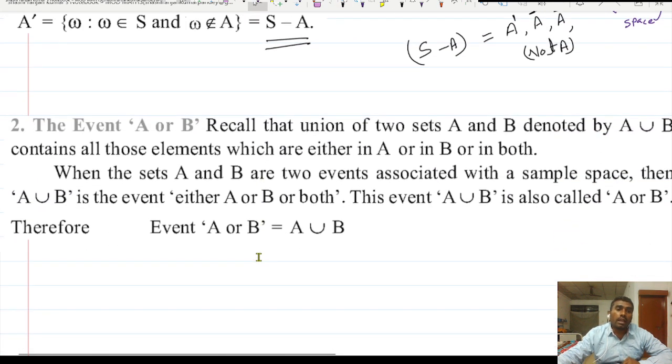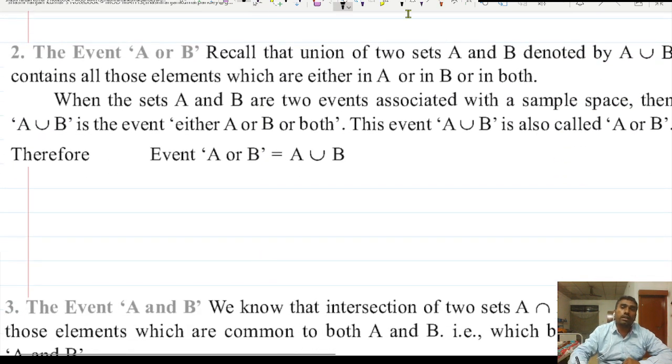Fine. So next, in the algebra of events, we are going to discuss the OR, that is the union. We know that OR means union and AND means intersection here. We all know that the union of two sets A and B is denoted by A union B. It contains all those elements which are either in the set A, or in the set B, or in both.